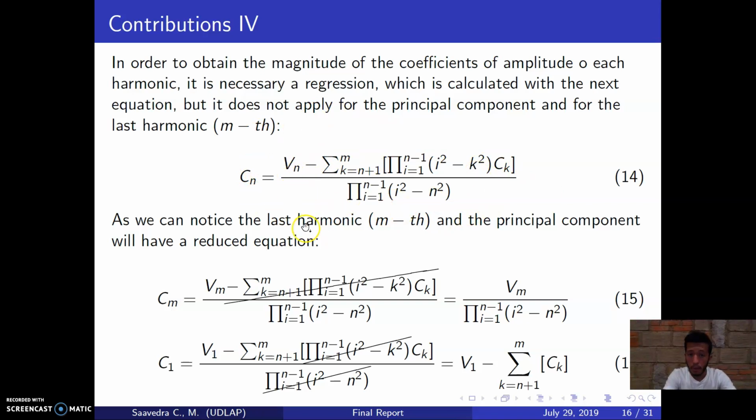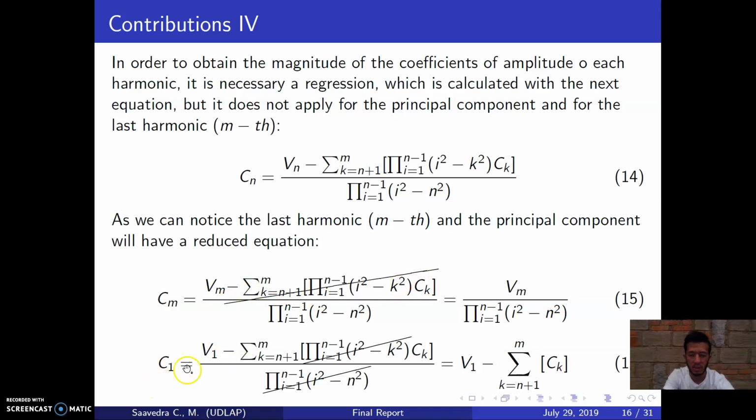Well, but for the last component, named the mth component, and for the principal component, it's going to be a little bit different. Why? Because as we can see, here we have the sum of k from m plus 1 until m, but we have no sum here because n plus 1 is already an m, so this is going to be eliminated.